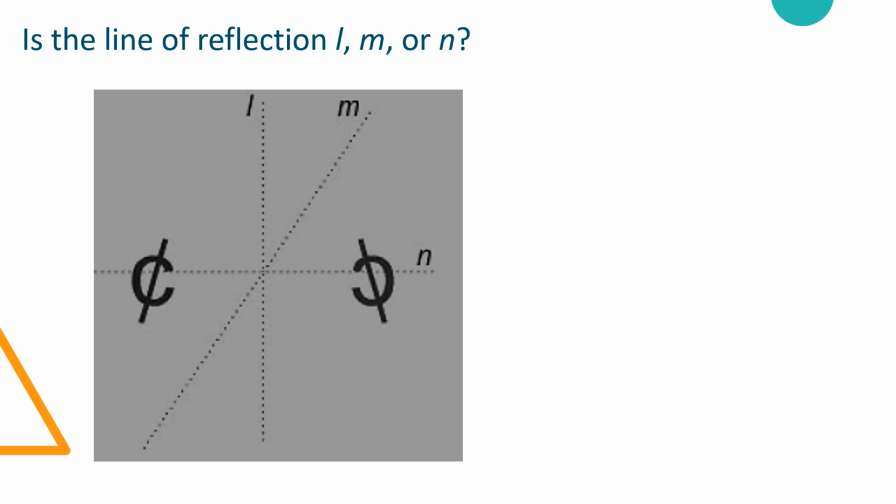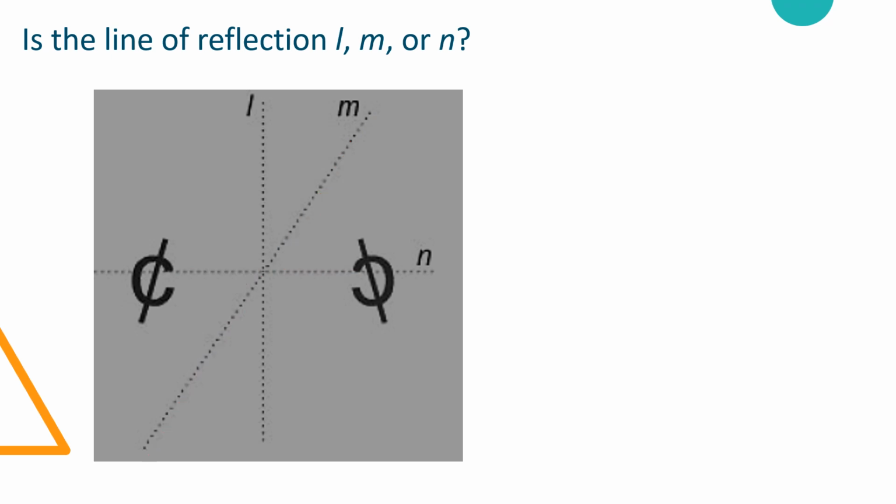Now, if I do line M, and again, you can use this to help you remember that our corresponding points need to be perpendicular to the line of reflection. So this obviously is not perpendicular to that line of reflection, so line M would not work.